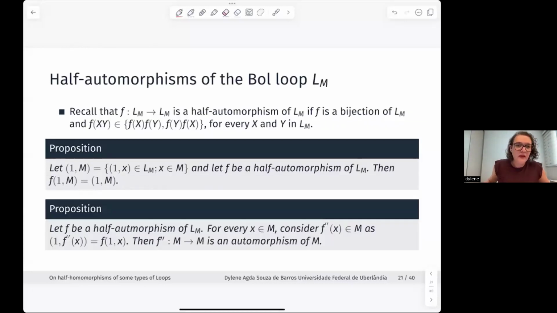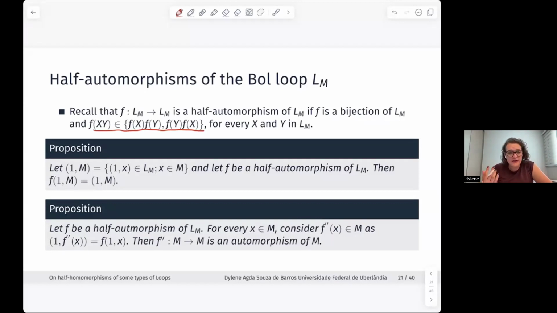So let's talk about half-automorphisms of this Bol loop. Recall that a half-automorphism of L_M is a bijection of L_M such that we have this for every x and y in L_M, okay?